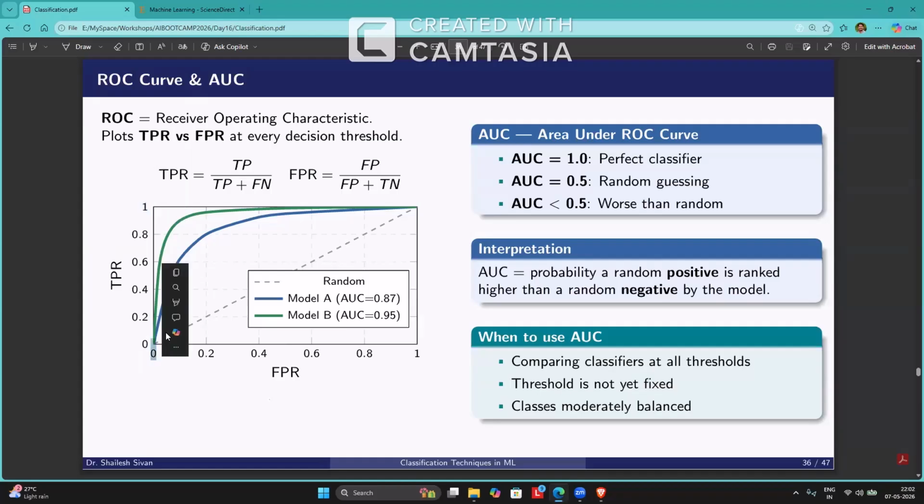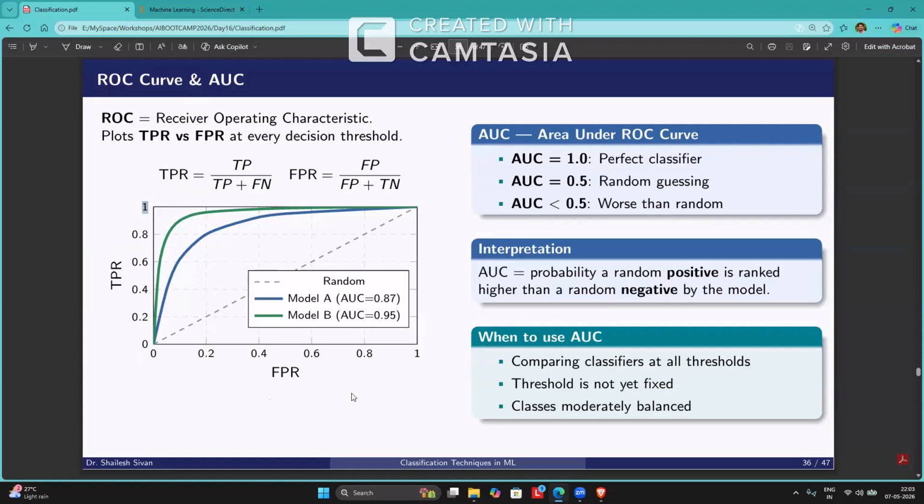See, these points are actually threshold values. We consider these points as threshold values.